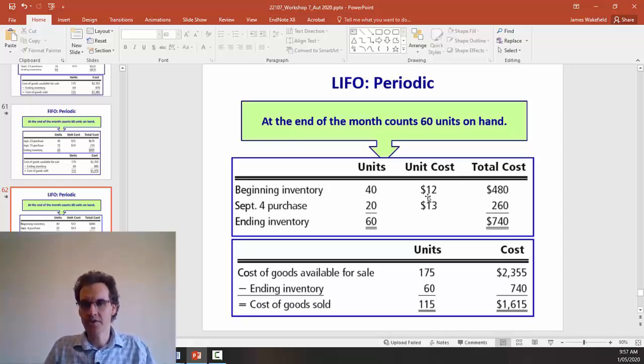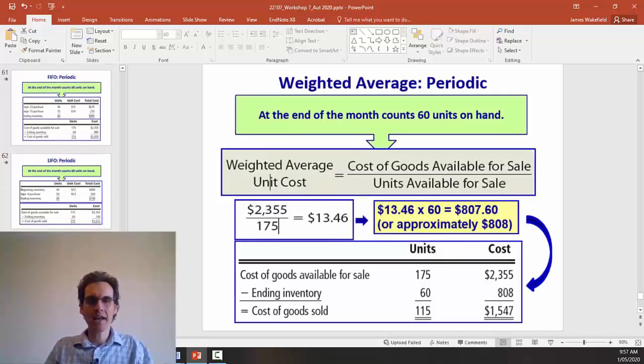So we multiply the units by the unit cost in each case, which means that we assume we have on hand $740 when we conduct our stock take. So $740 worth of inventory. We deduct that from the cost of goods available for sale, which gives you cost of goods sold of $1,615.